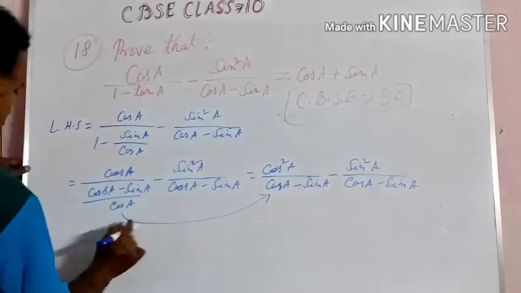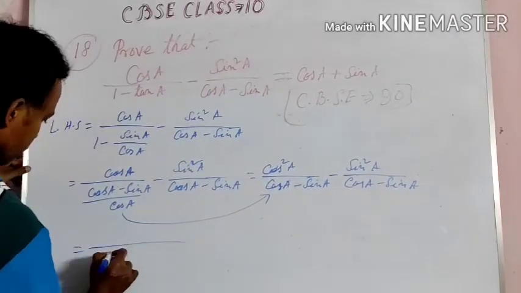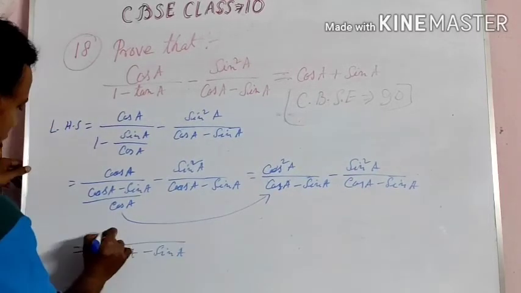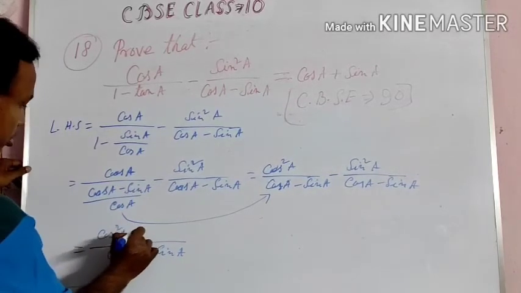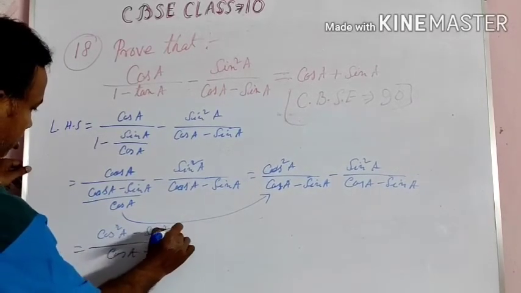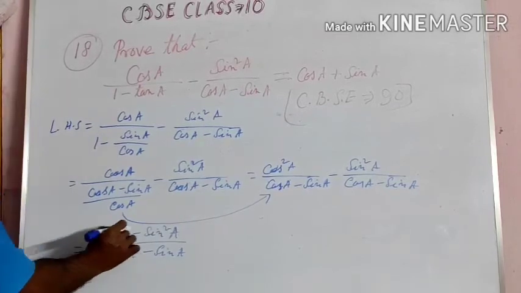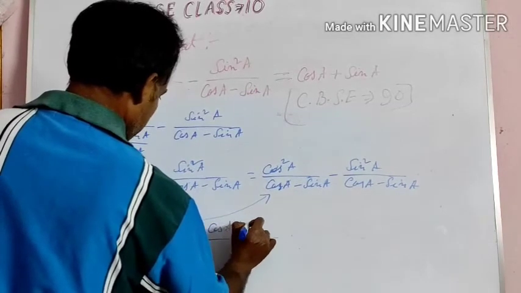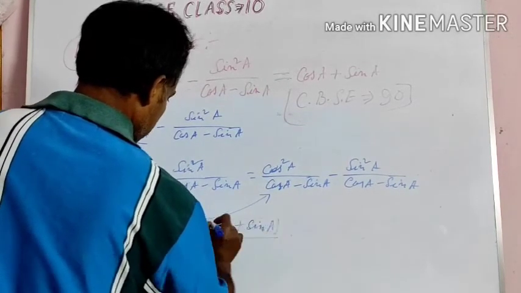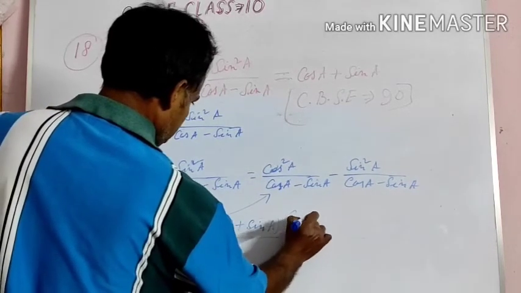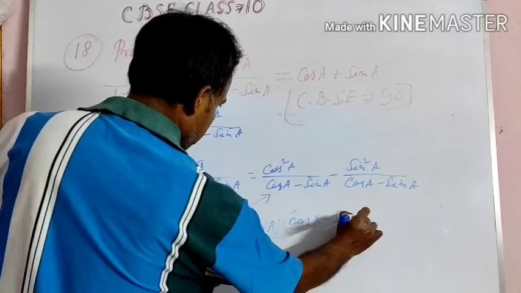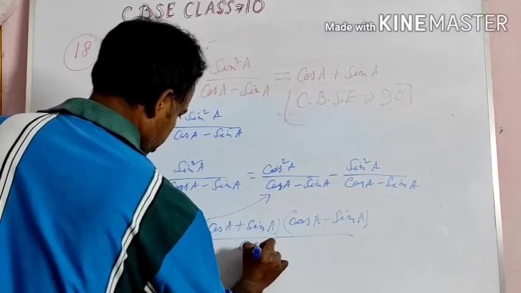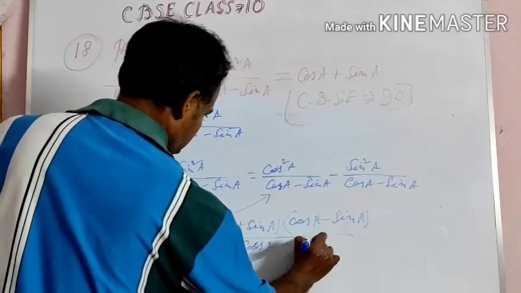Now LCM will be cos a minus sin a, and this is your cos square a minus sin square a. This is a square minus b square is equal to a plus b, that is cos a plus sin a into a minus b, that is cos a minus sin a, by cos a minus sin a.